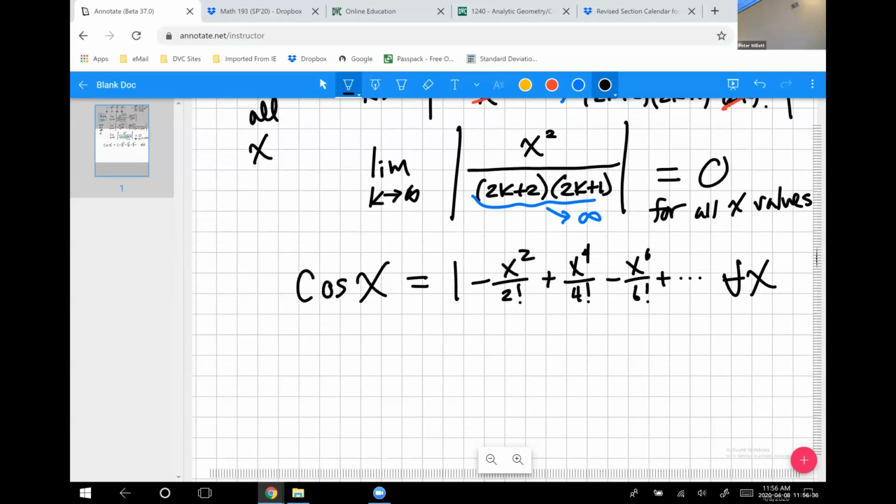So we can try to convince ourselves of this and understand it a little better. Take a look at the polynomial and let's think about it for a second. For one example, if I plug in a 0 into this polynomial, I get a 1. And if I plug 0 into cosine, I get a 1. Notice that the cosine function is an even function, meaning it's symmetric with respect to the y-axis.